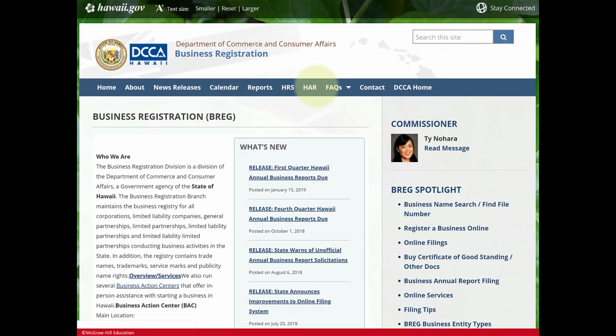So where do you go in Hawaii to pick and register the type of business entity you want? In most other states, they call that the Department of State. Here in Hawaii, it's called the Department of Commerce and Consumer Affairs, specifically their Business Registration Division.